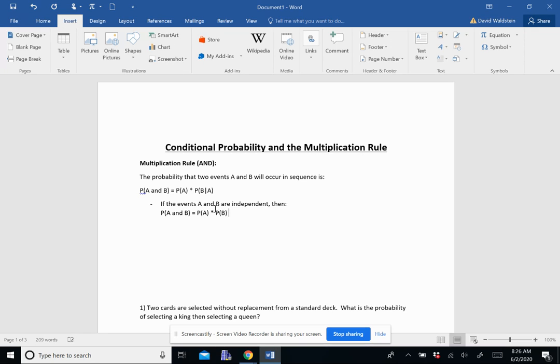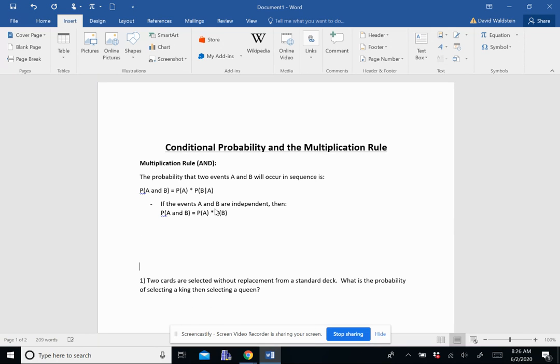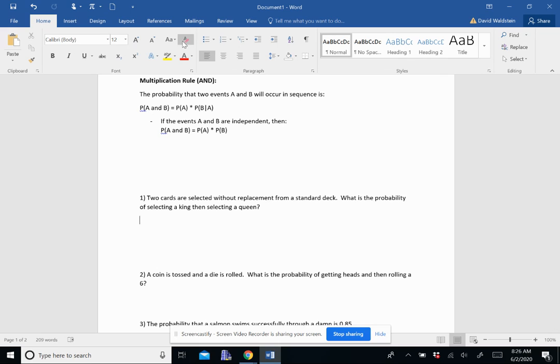And we just multiply them. Okay, hope that makes sense. We're going to do a bunch of examples because this can be a little confusing. So we're going to kind of rip through more examples than we normally would.